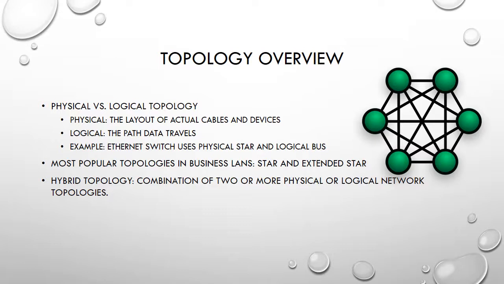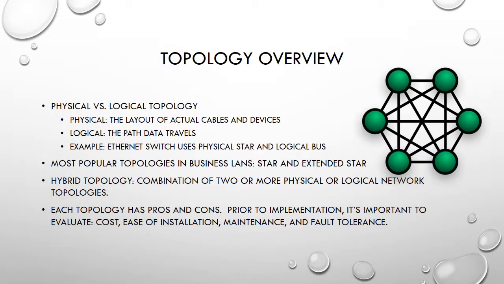And this is a topology that uses two or more physical or logical network topologies. Each of these topologies does have pros and cons. Prior to implementation, it's important to evaluate cost, ease of installation, maintenance, and what kind of fault tolerance you're looking for.